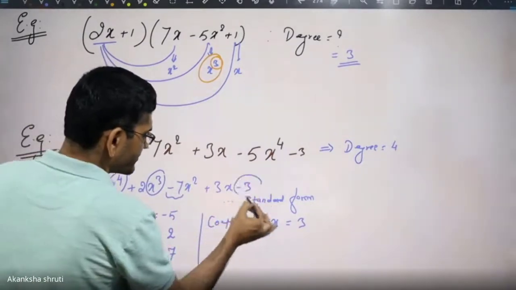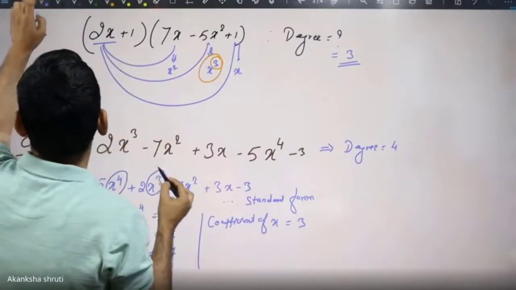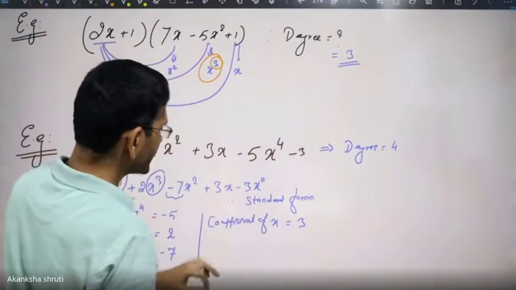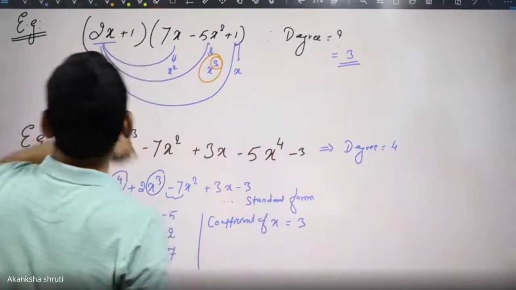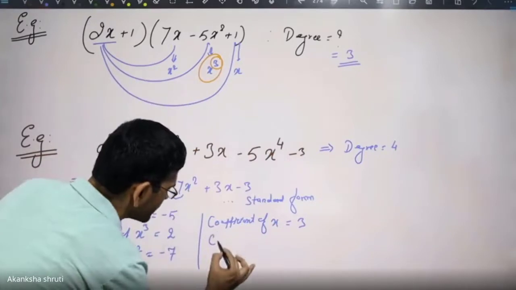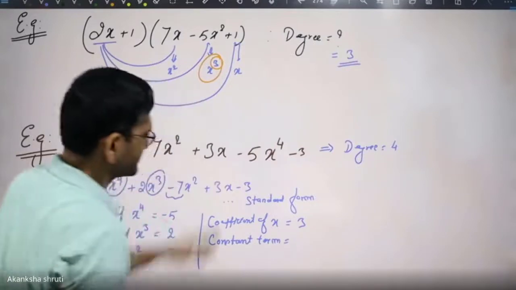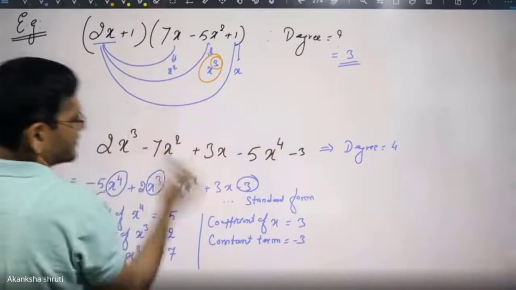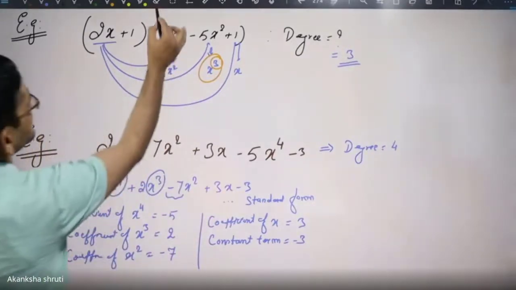Where no x is present, it can be understood in two ways: either as x to the power 0, because x to the power 0 is 1, so we may write coefficient of x to the power 0, but even that is not used in mathematics. Simply this term is acting as a constant term, so we denote it as the constant term. Minus has to be associated, so it is our minus 3. Be careful. So here we have written the coefficient and the constant term.